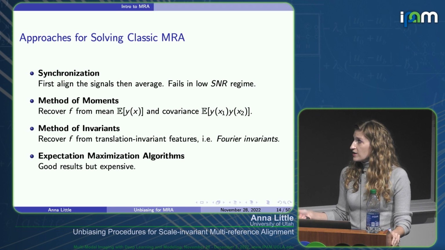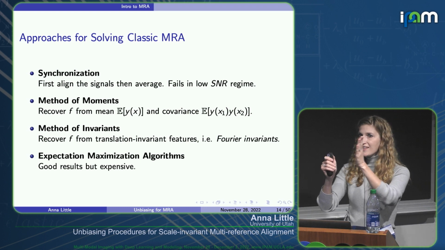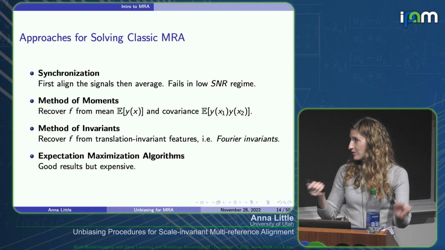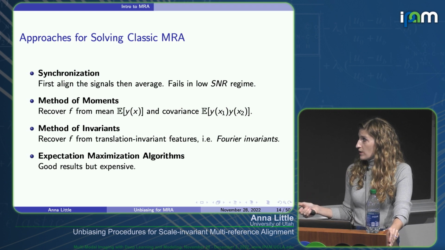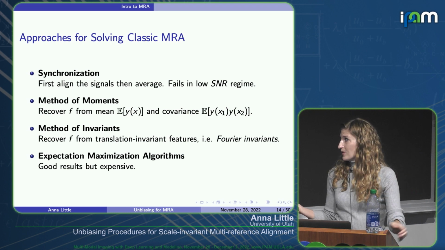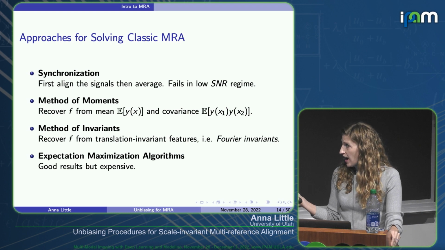You can do this if the additive noise is not too large. You try to align the signals and then average out the noise. But this is not going to work if the noise is really, really large, like those purple curves. You won't be able to align things correctly, so you need other methods for the high noise regime.